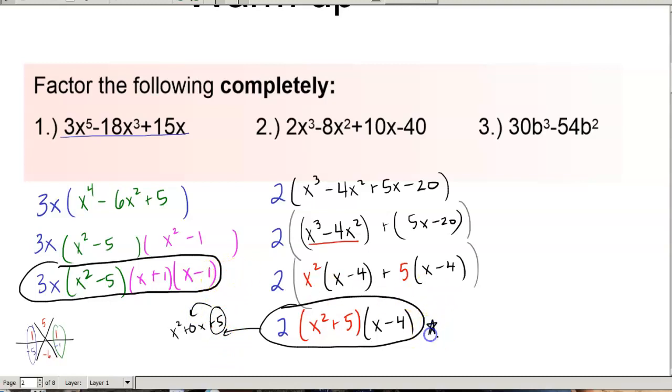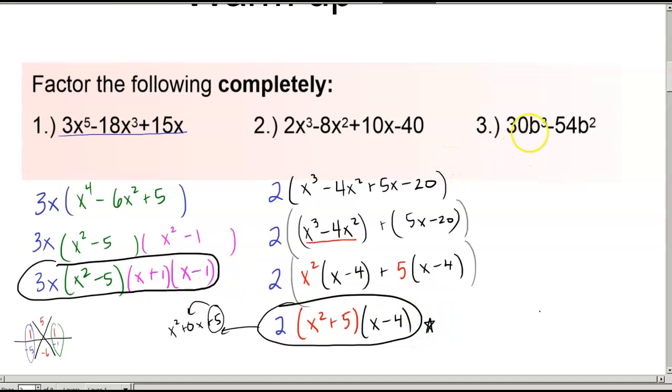So this is it. All right, number 3, you look at this, and again, first step always when we're trying to factor something is taking out the common factor, and you can see that they both have b's here, specifically a b squared, and then also we could take out definitely a 3 here, actually a 6, so we can take as much as a 6b squared from that polynomial.